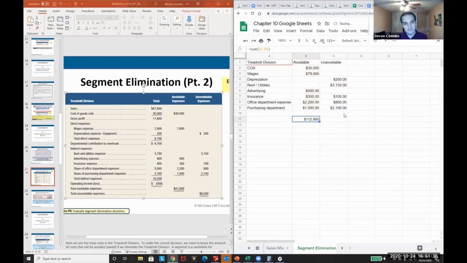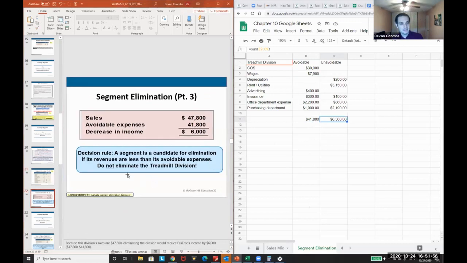So we see here we have 112,900 of avoidable, and then 6,500. Oh, maybe this calculation was off. Let's see. 30,000. Oh, 7,900. 41,800 of avoidable costs and 6,500 of unavoidable costs. The idea here is our sales versus our avoidable expenses.